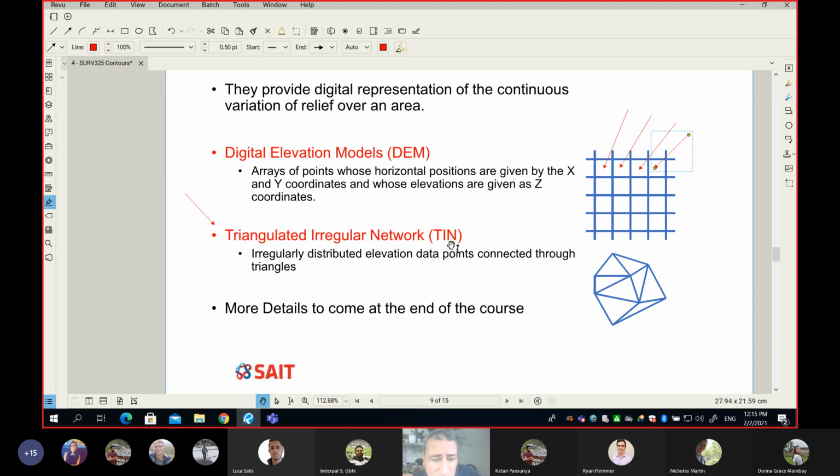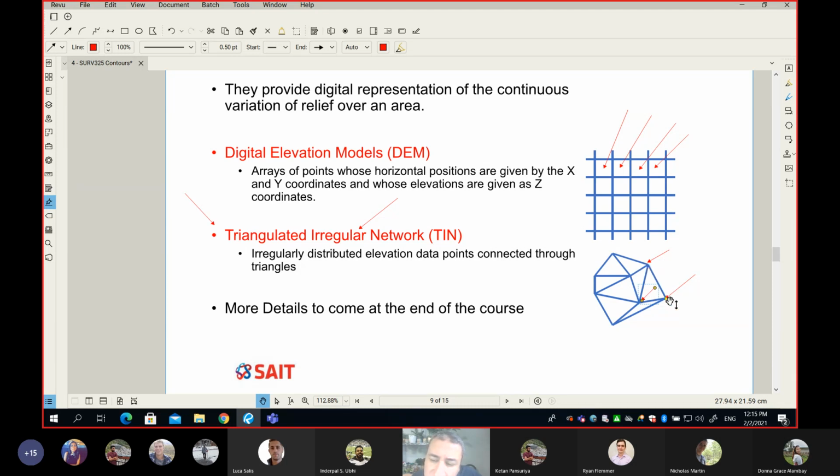So what is TIN? TIN is something called a triangulated irregular network. And I know by now this didn't add anything to your knowledge. So what does it mean? I don't know anything about it, okay? So anyway, for now, you can imagine that these points here, like this point here, and this point here, and this point here, are measurements of the total station.